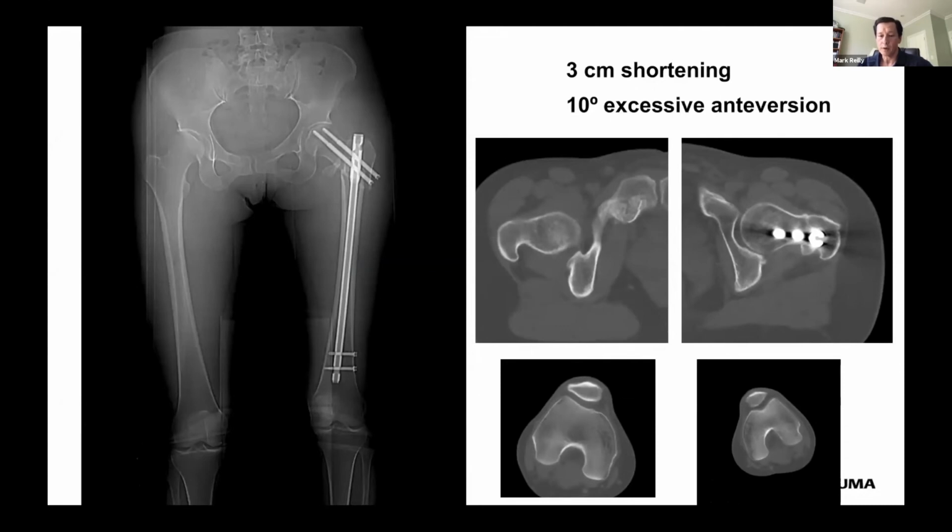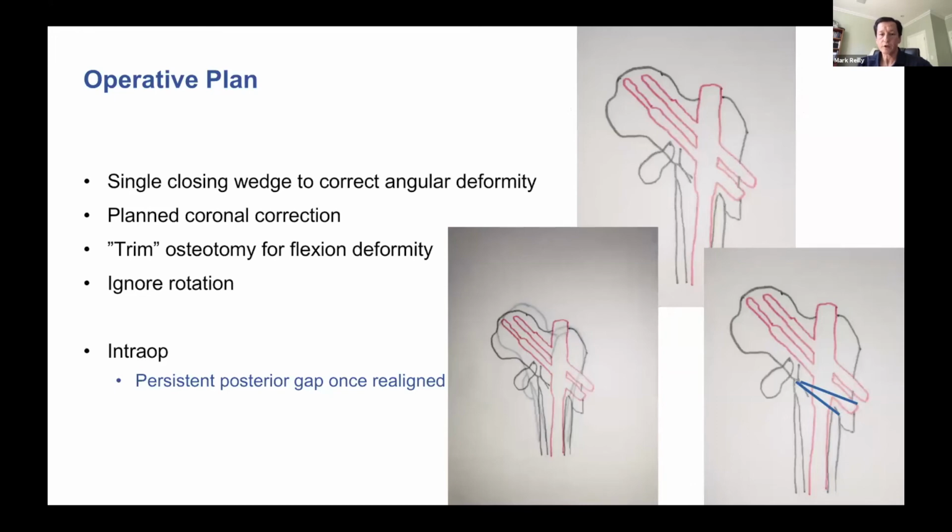Not terrible, but something that has to be considered. So in the operative plan, I wanted to perform a closing wedge osteotomy that would correct her angular deformity and also then allow for a correction of the flexion deformity. So the rotation being only 10 degrees, my plan was to ignore it and reassess.